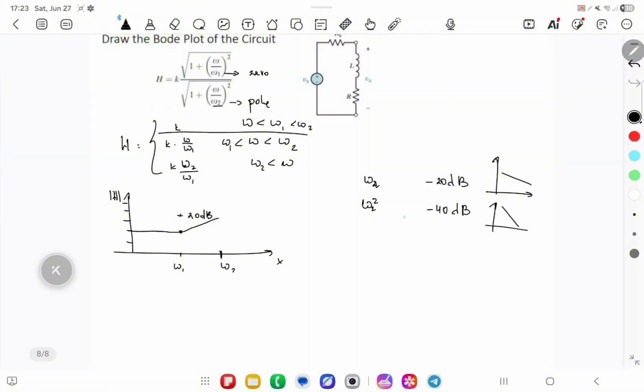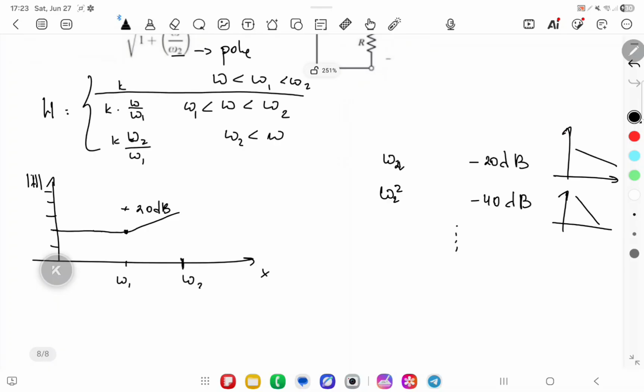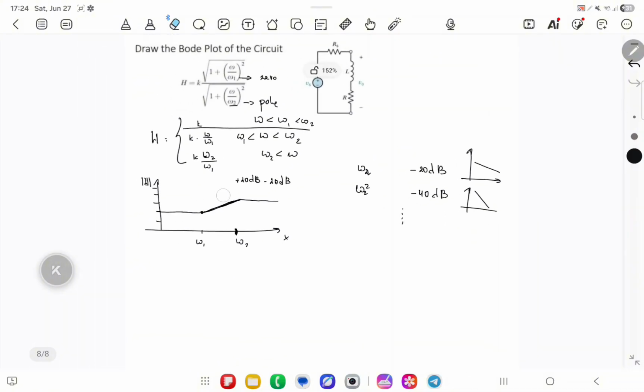So it will be sharper, and so on. So here, since we already have a slope of plus 20 dB, we now subtract 20 dB from it, because here we have a pole and it will again become a straight line. So this is our Bode plot for this particular circuit, and I hope you find it helpful.